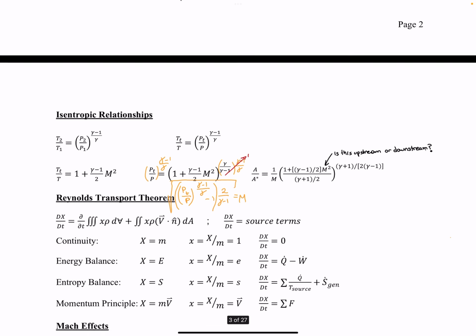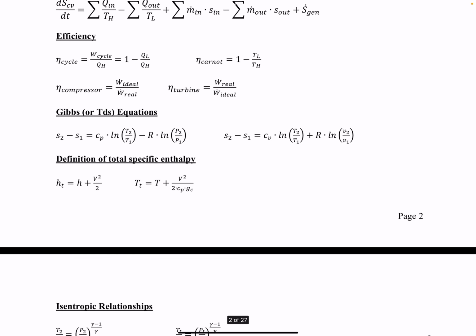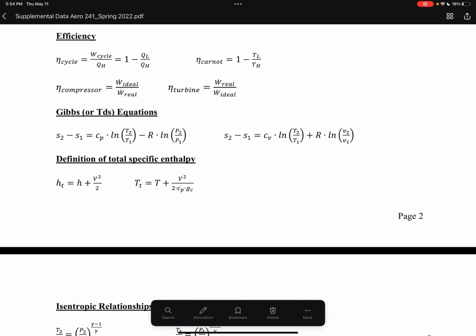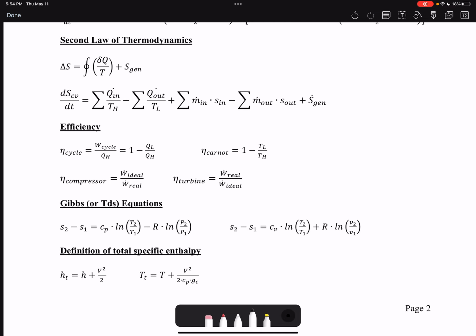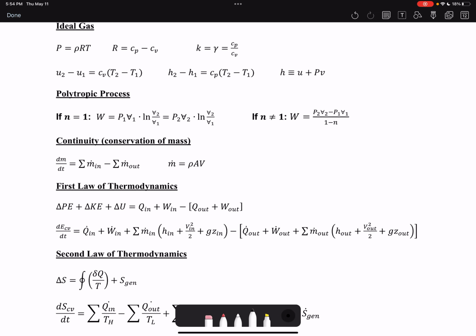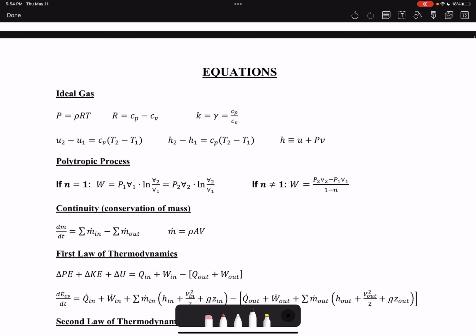We also have something interesting here, the total enthalpy definition. And then, I think there was gamma, which is CP over CV. I can't think of this word. It's bugging me. Okay, I'll think about it.